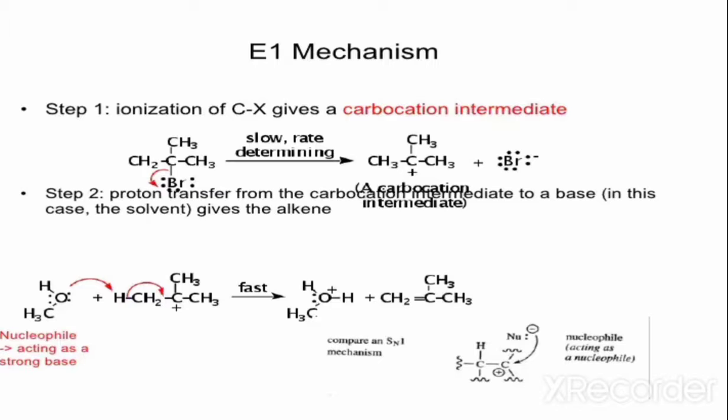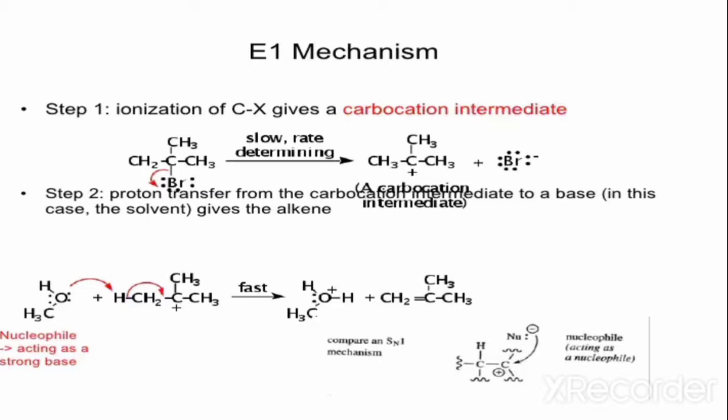In the end, we have a double bonded carbon to carbon compound, that is an alkene. So basically, this is the mechanism of E1, and it is a two-step reaction.